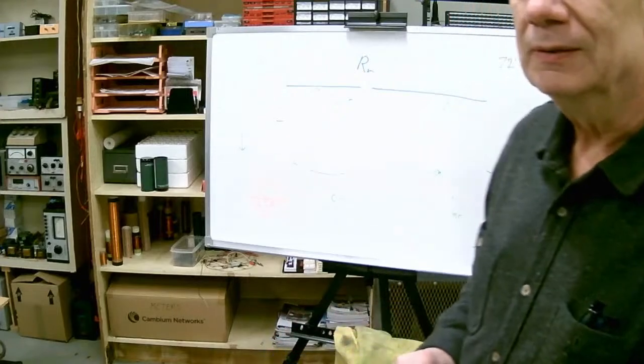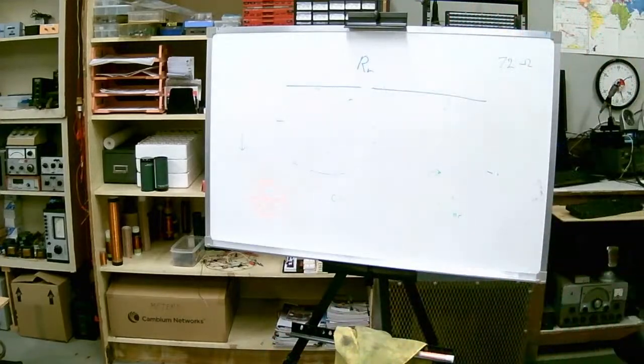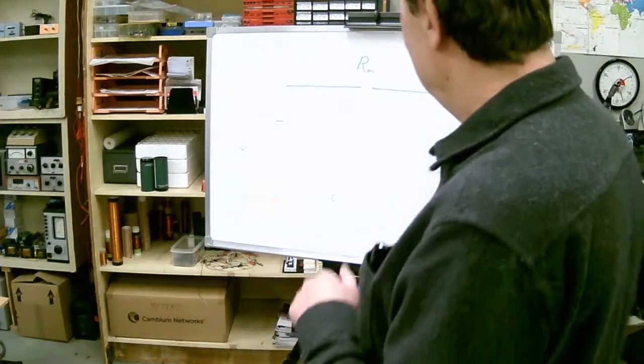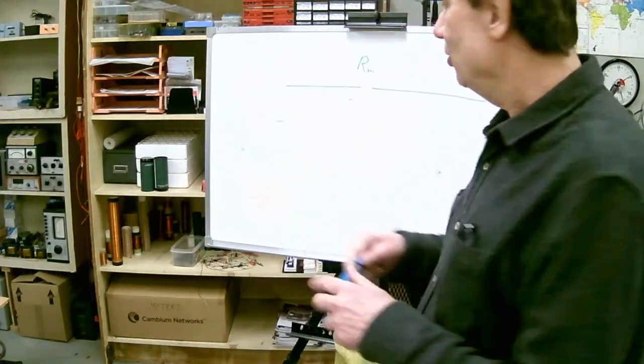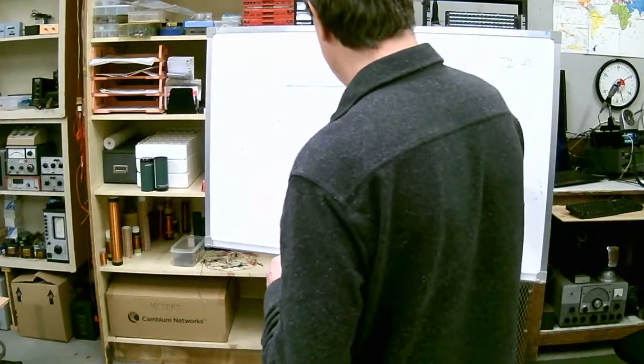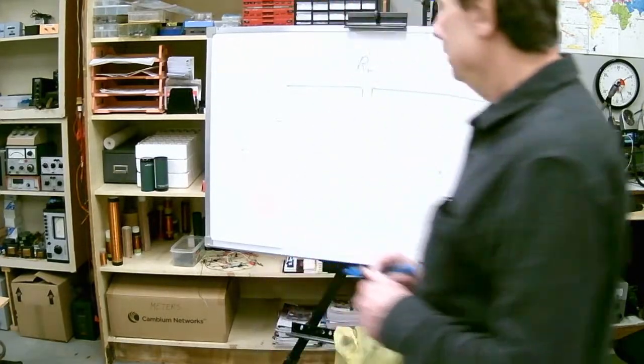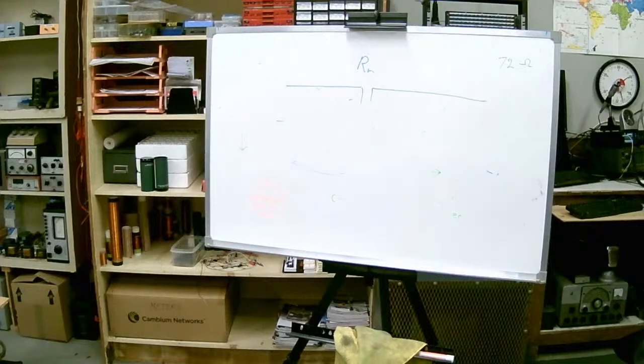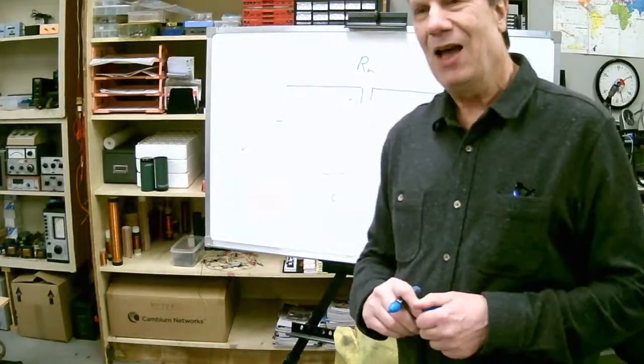So it's R sub R. Now, if we were to measure the voltage and the current at this point, that would be a real power loss. How do we know it's real power?